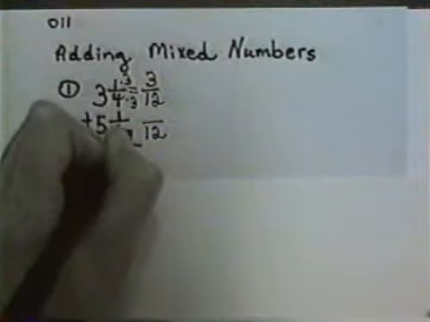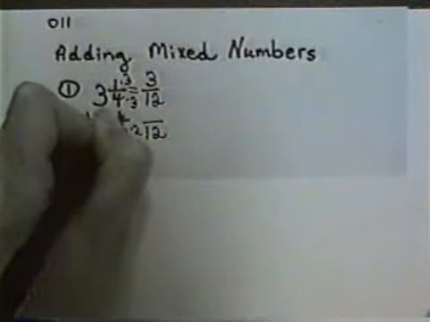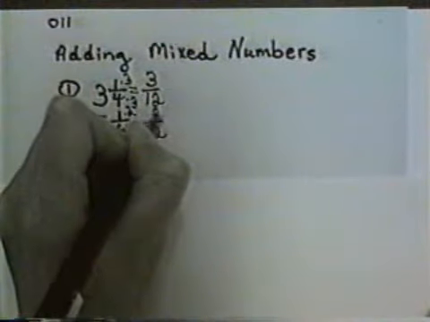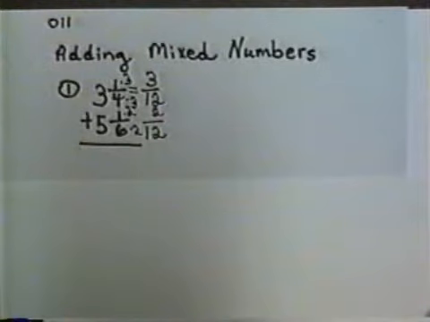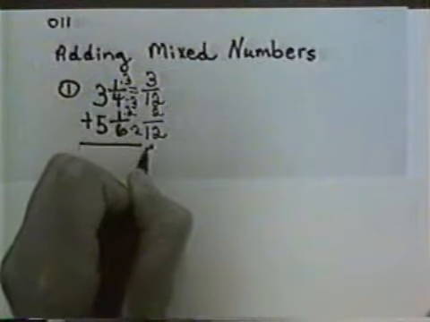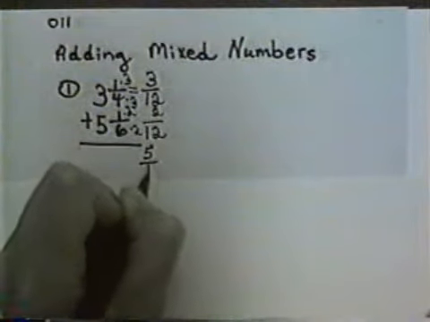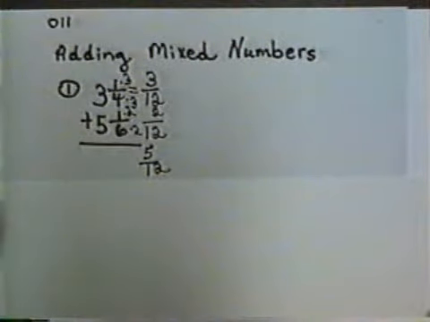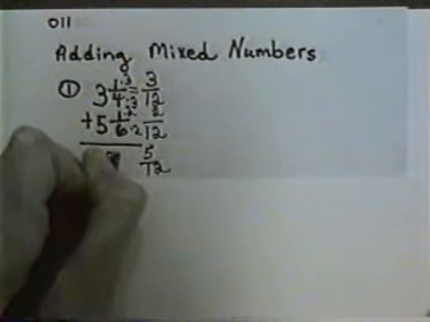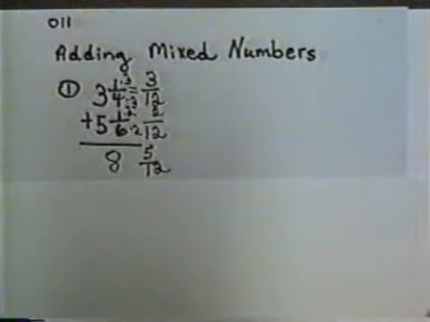Then I'd have to multiply by 2 to get 12. So 1 by 2, and that would give me 2/12. So I'd add my 3/12 and my 2/12 together, and I would get 5/12. And then I would add my 5 and 3 together, and I would get 8. So my answer would be 8 and 5/12.